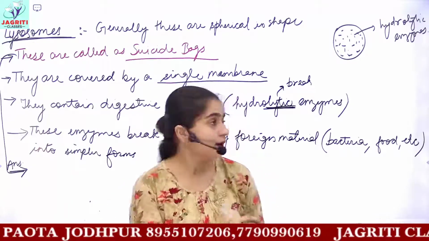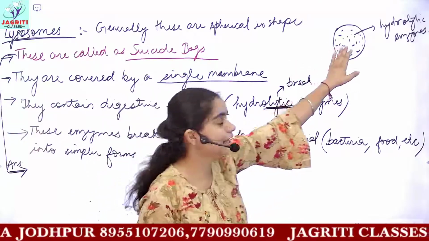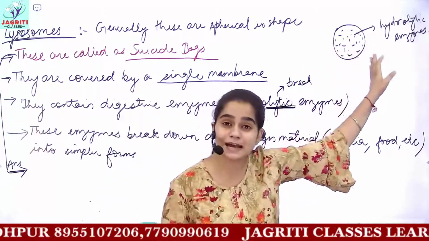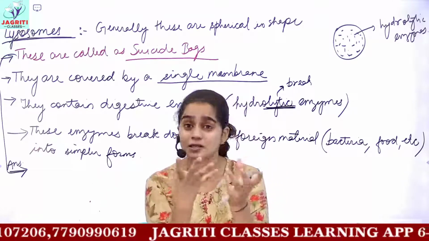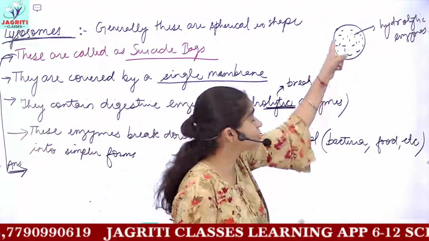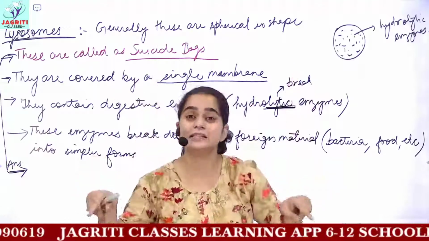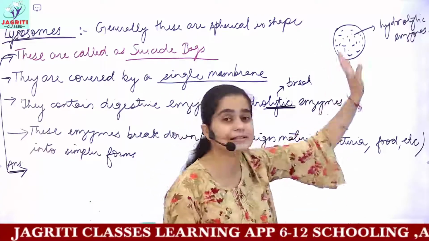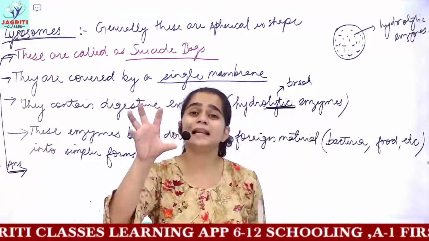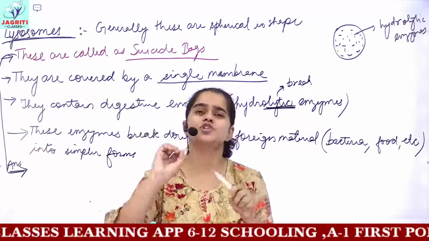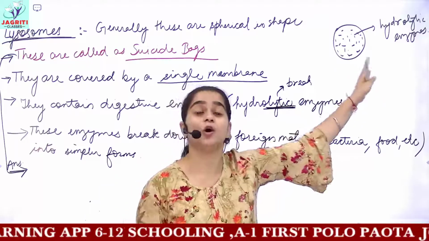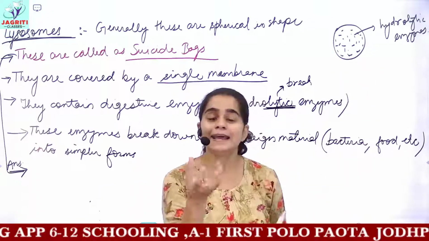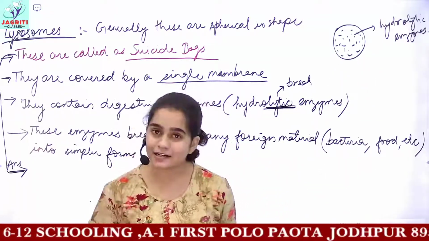These lysosomes, which contain the hydrolytic or digestive enzymes, burst and release all their digestive enzymes inside the cell. And hence these digestive enzymes destroy the cell completely. The damaged cell is destroyed completely by the digestive enzymes of the lysosomes, and hence the death of the cell occurs.